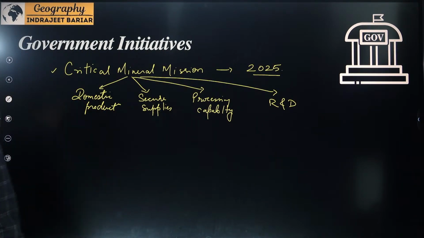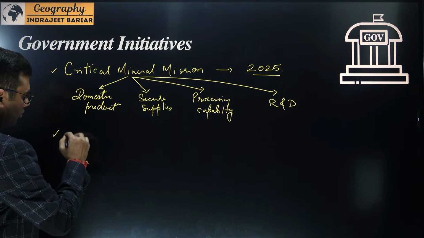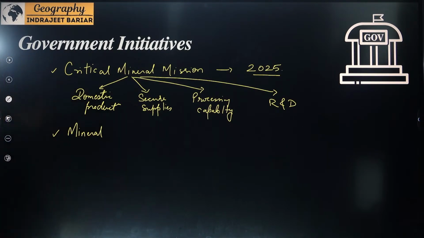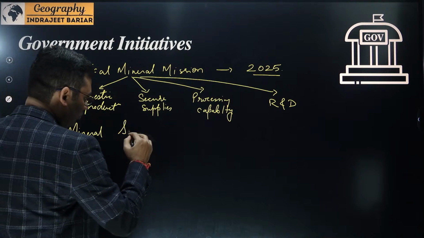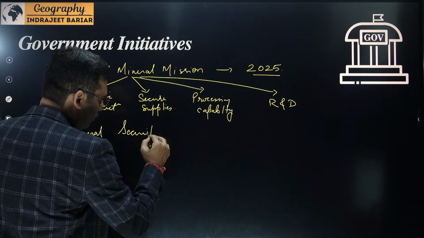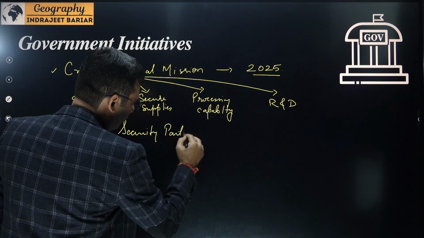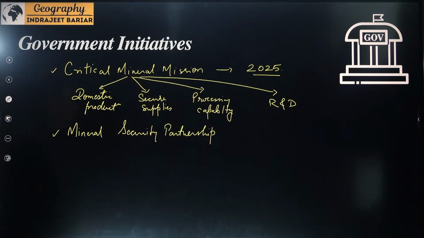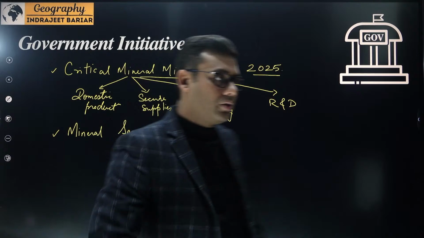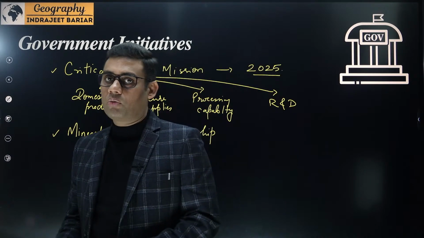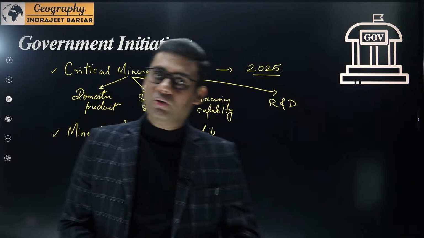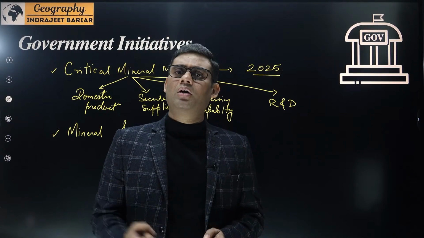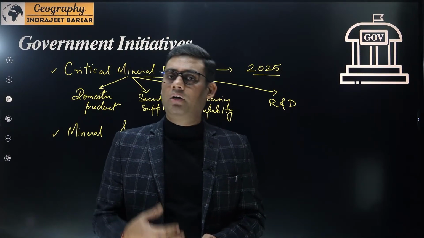Then along with that, we have the Mineral Security Partnership. This is an initiative that was led by the European Union and the countries which are dependent a lot on critical minerals, but for that also they are dependent on China.